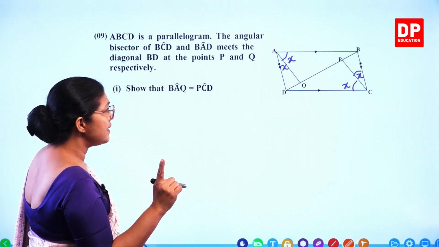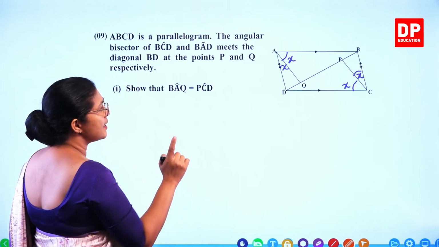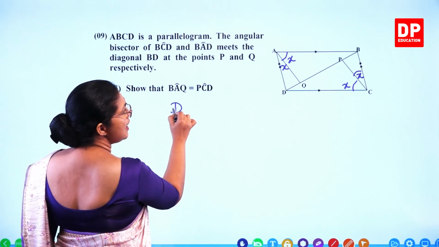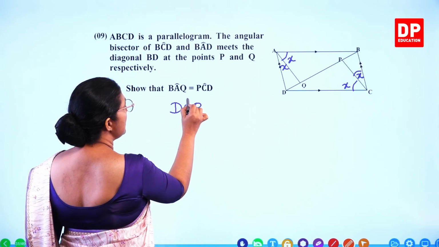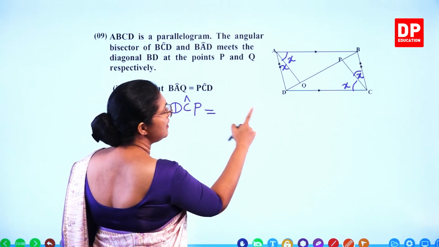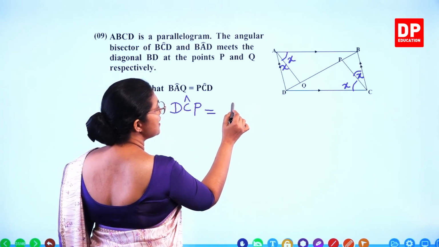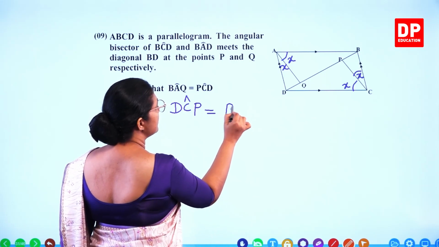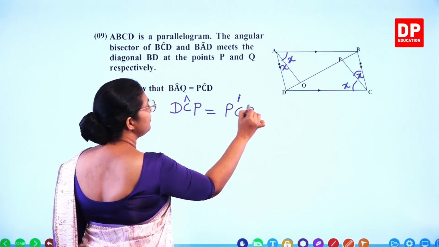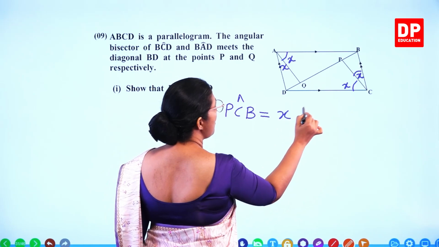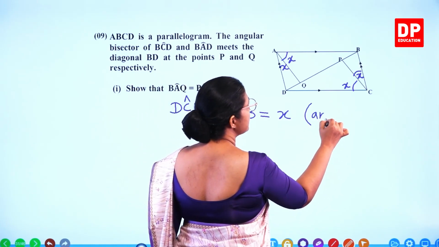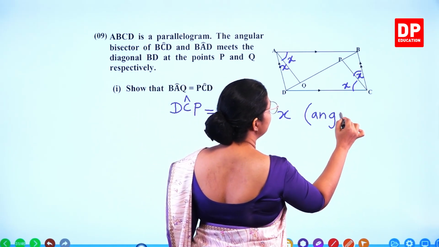How are we going to write this? So let's take angle DCP is the same as angle PCB. That's X because the angle bisector is PC.